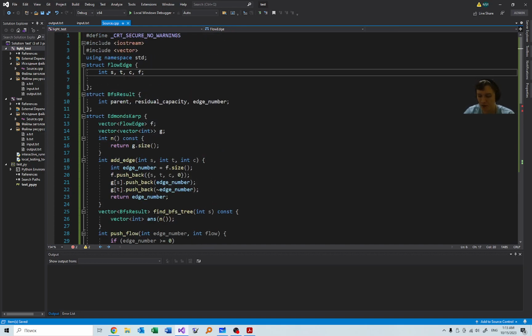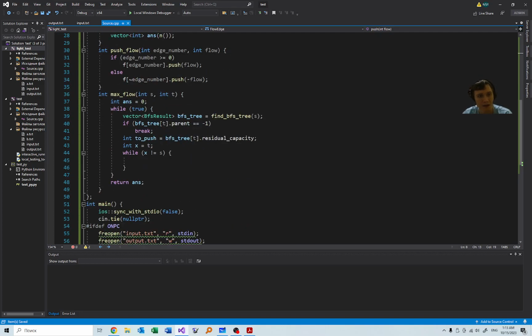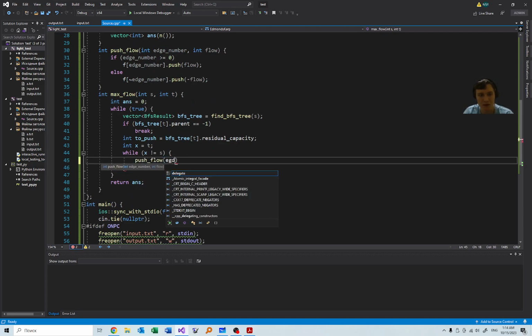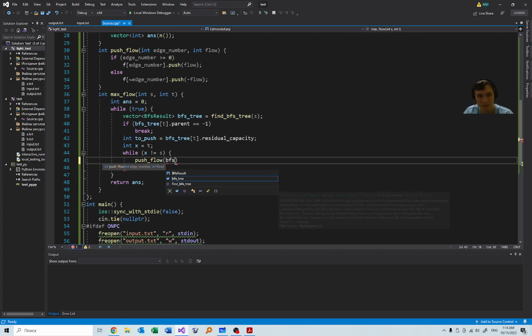Okay, how do we push? We just say that flow plus equals flow. So we say that we push flow edge number and flow to push.